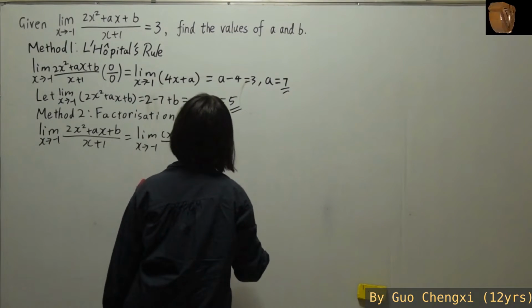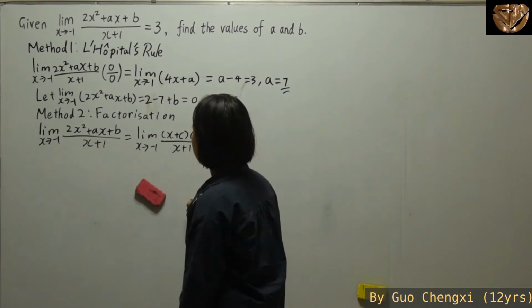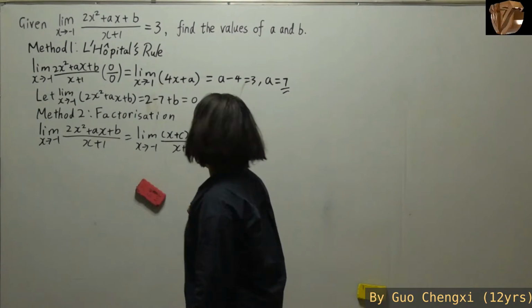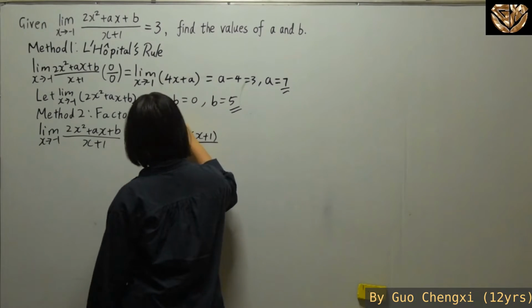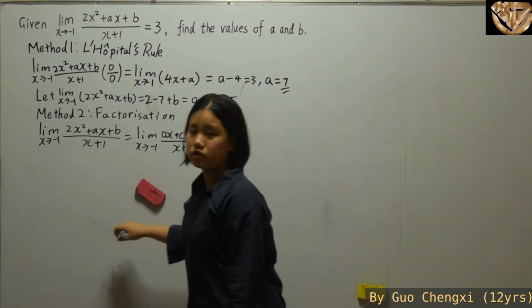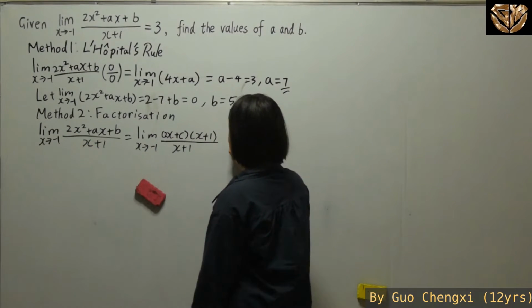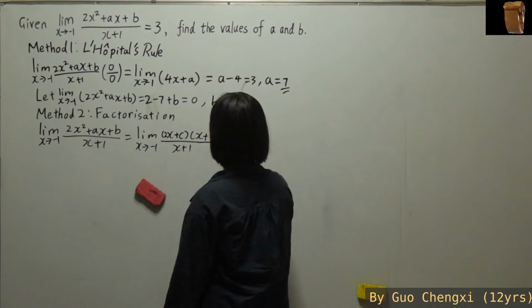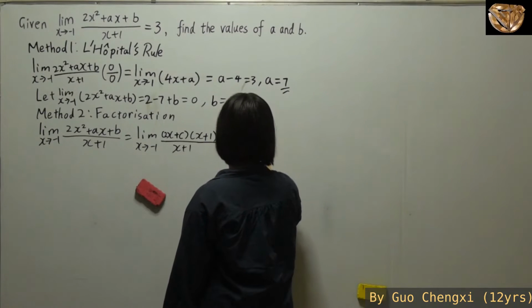If you continue, you'll realize that you're supposed to have the 2 in front of this c. Now we can simplify the x plus 1s.